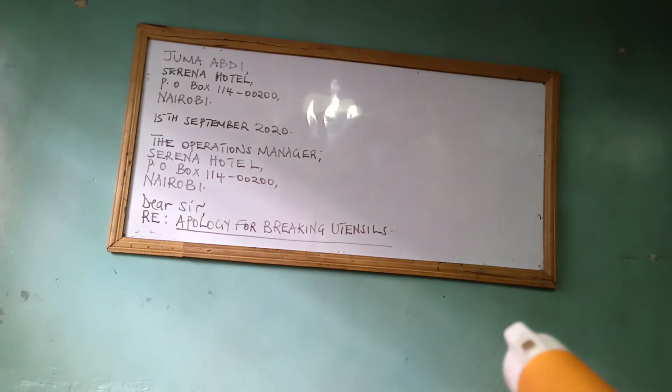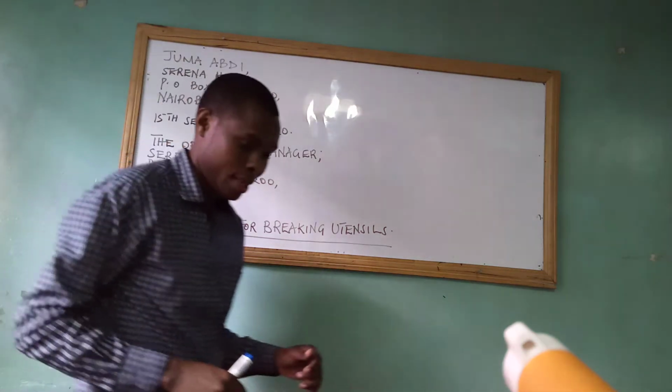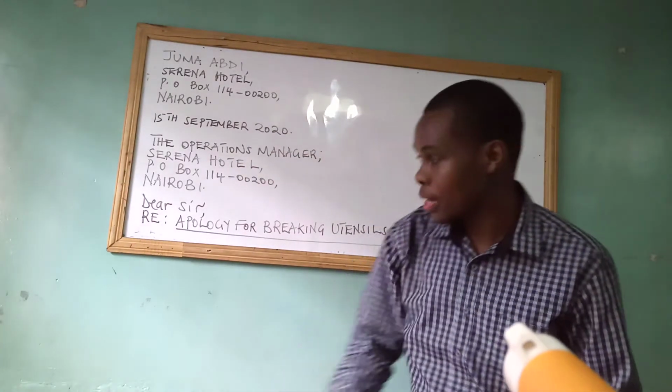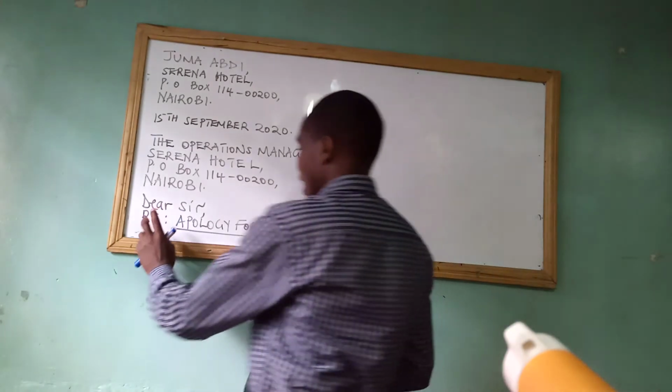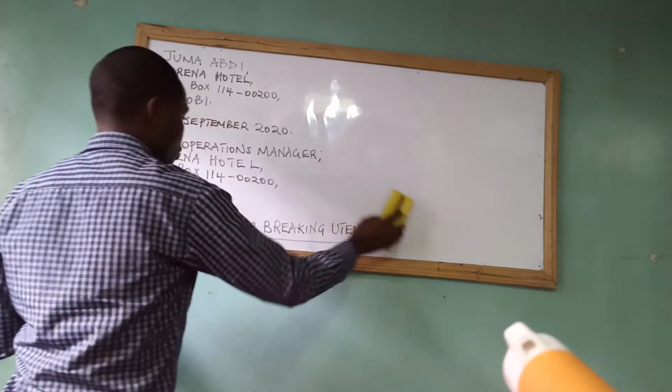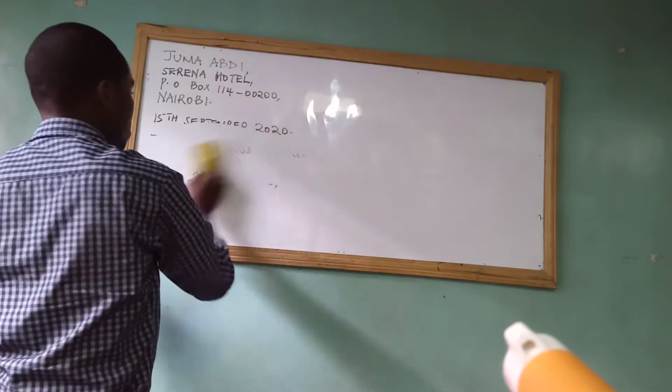Now, after you are done with this, because my whiteboard is small, I'd like to wrap so that I begin my first paragraph. I hope you've seen that. From there, we start our first paragraph here from the margin.